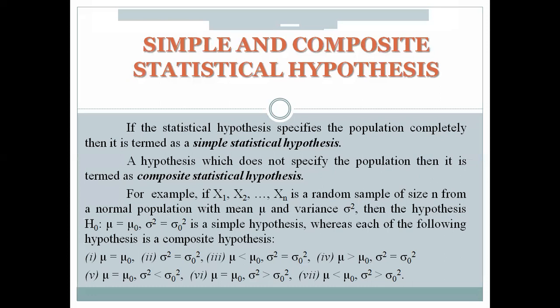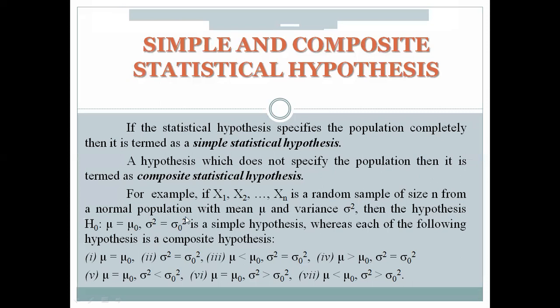Then the null hypothesis H naught is mu equal to mu naught and sigma squared equal to sigma naught squared. Here mu means mu naught only, and sigma squared means sigma naught squared only.